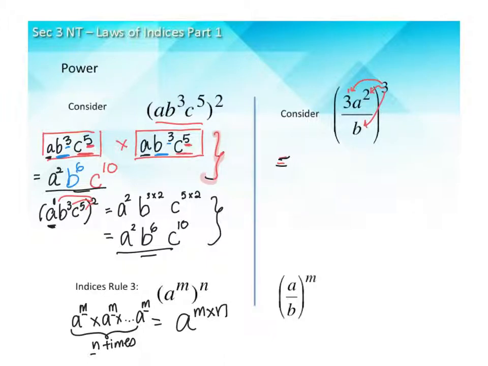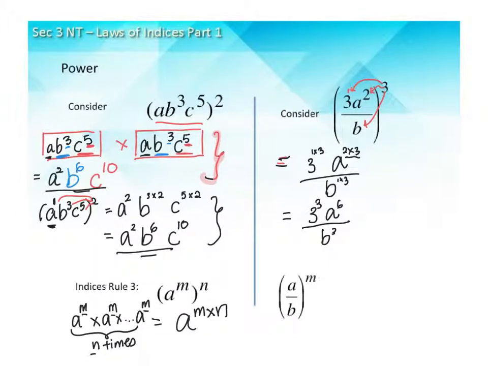I will get 3 to the power of 1 times 3, a to the power of 2 times 3, and b to the power of 1 times 3. That gives me 3 cubed, a to the power of 6, b to the power of 3.